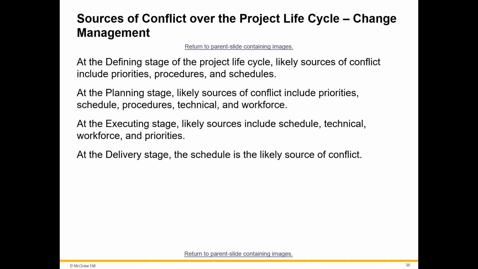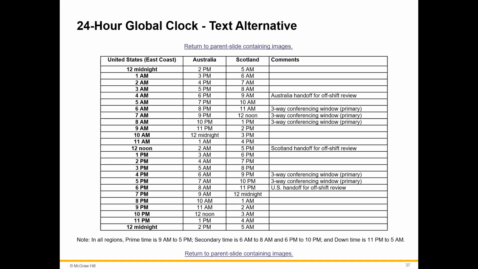So we showed you the United States, which is in the Eastern time zone, Australia, which is in the Pacific Oceanic time zone of the Australian time zone, which is 14 hours away, and then Scotland, which is in the Western Europe time zone, 5 hours away. So again, you can have different scenarios of who's going to work together. But if, for example, you had a conflict within these three teams, you can clearly have a three-way conference to try to deal with it.